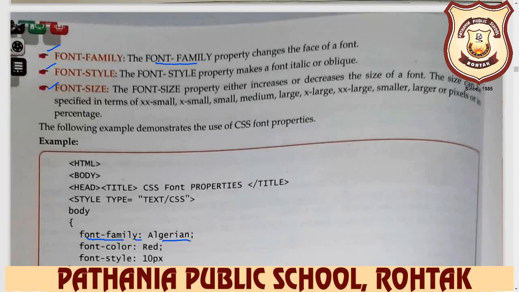And next is your font color. For font color you write font, then the hyphen, then color, and then you write directly red. And the font style is used to change the style, while size is used to change the size. Here you use the size, for example 10 pixels.